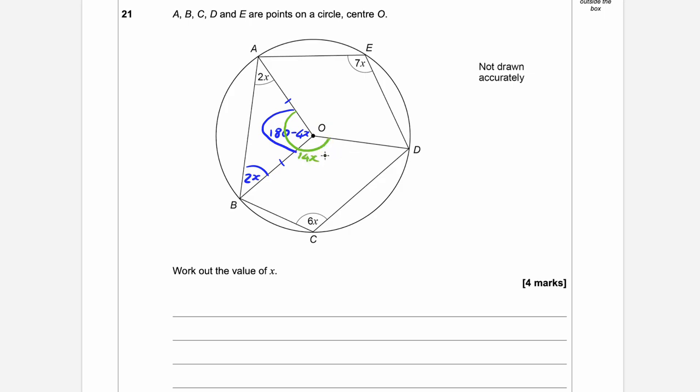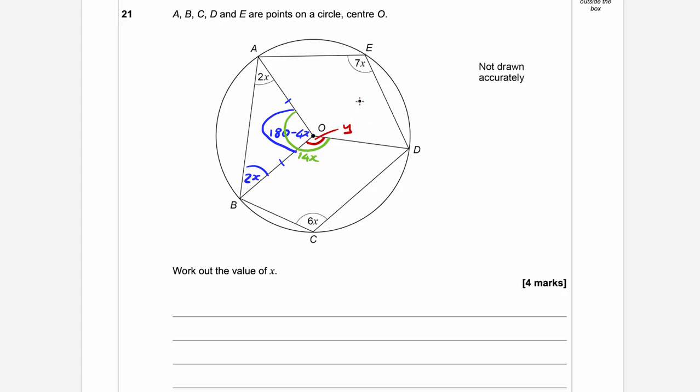Okay, and if this angle is 14x, this angle here, let's call it y. Let's say that's y.